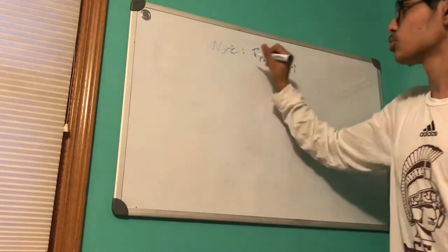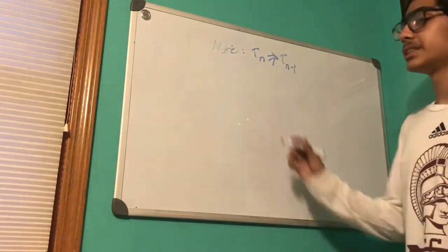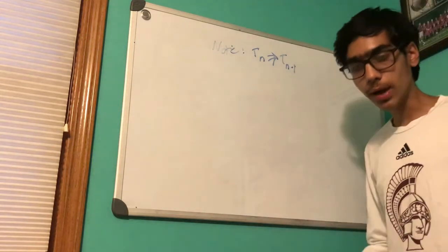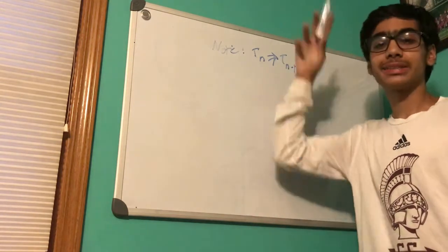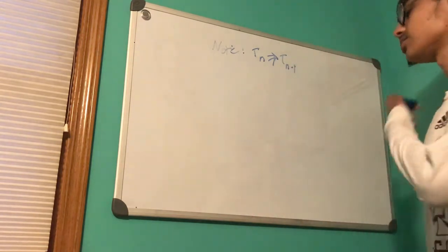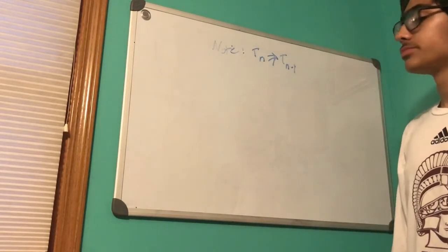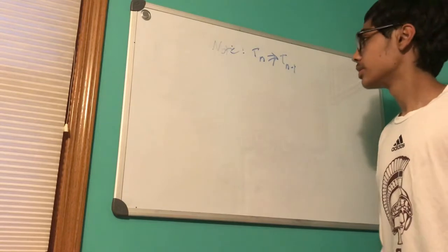And of course, this is a separation axiom. So a T2 space, a Hausdorff space, satisfies the T2 axiom, and so it implies T1, a T1 space, so the T1 axiom.